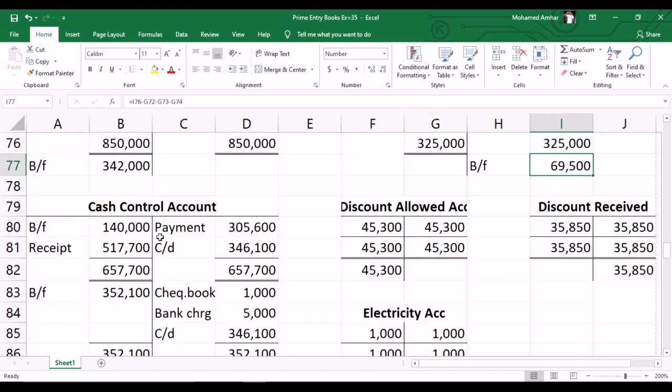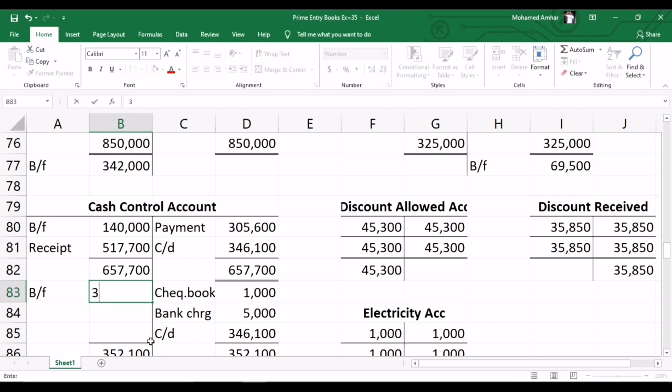Same as cash control account, opening balance, then receipts total. So get the total. From the total, deduct the payment 305,600. So carried down is 346,100. This is 346,100. Right.